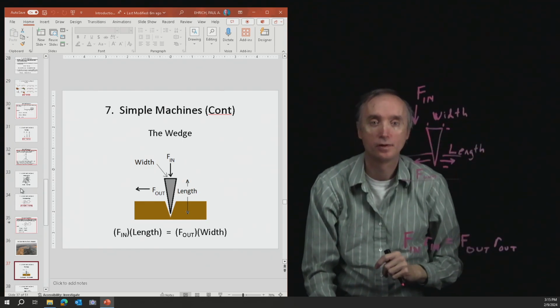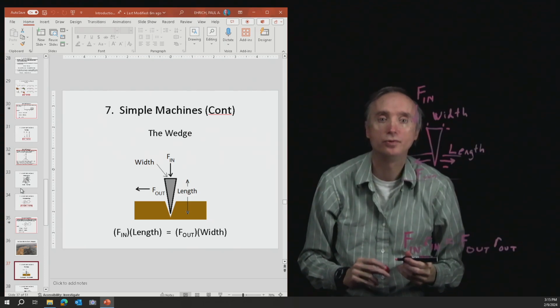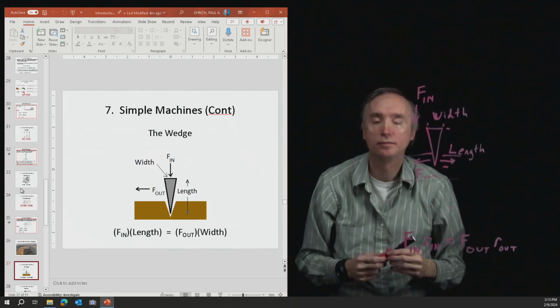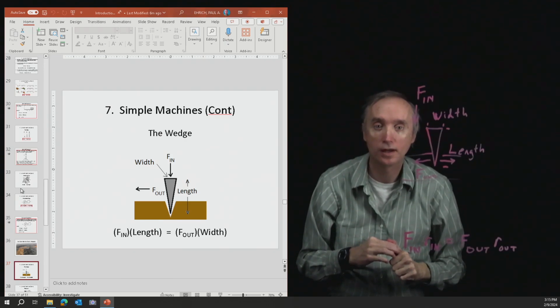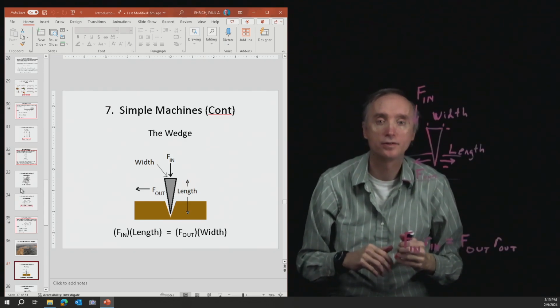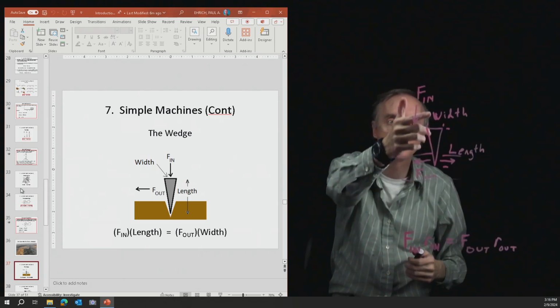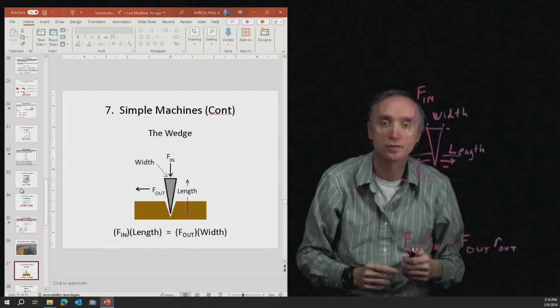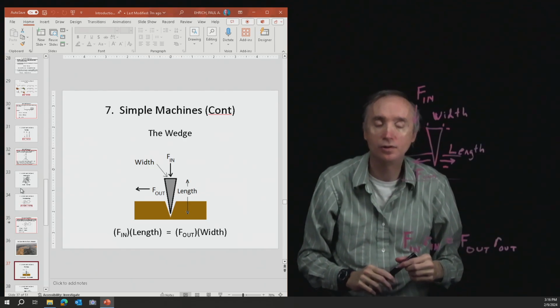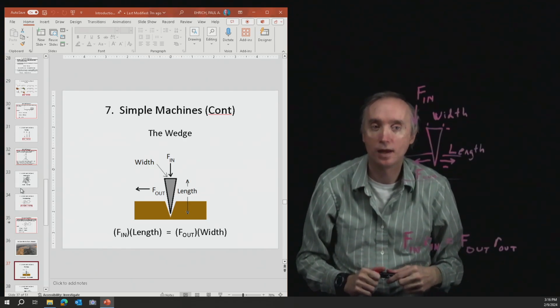Okay, so if you wanted to have a wedge that could do more, let's say that we have this one and it's a certain length and you're putting in a certain amount of force. Well, how could you increase the force that's coming out?